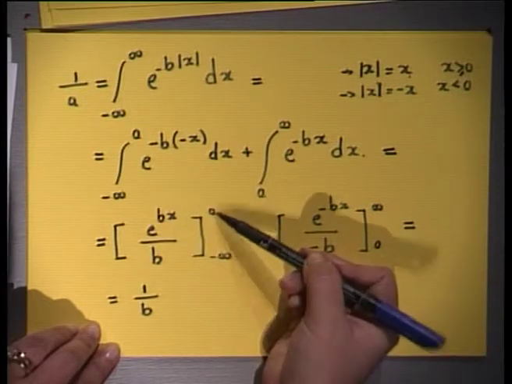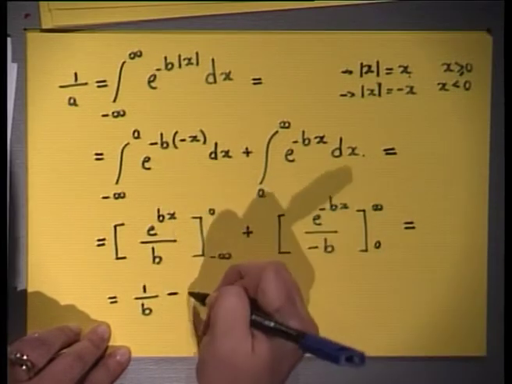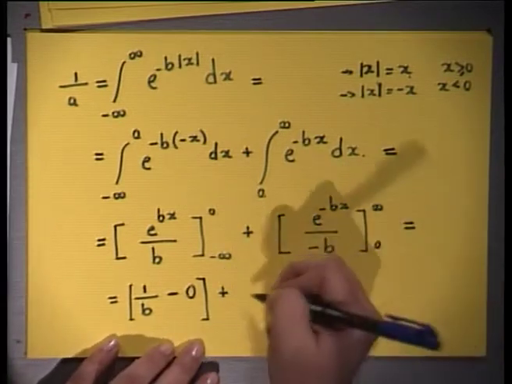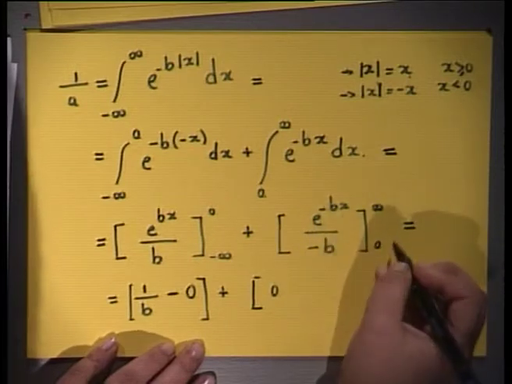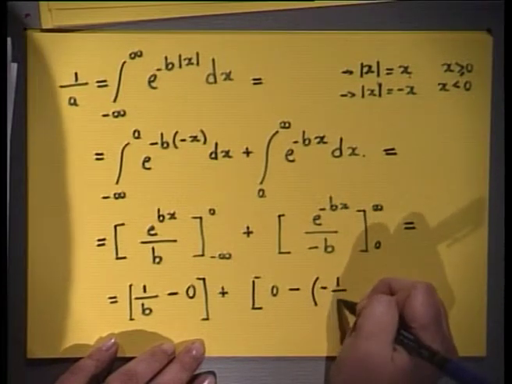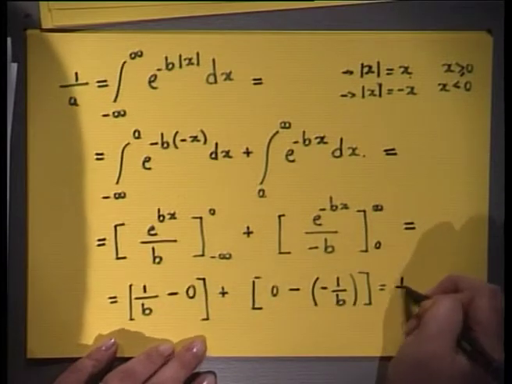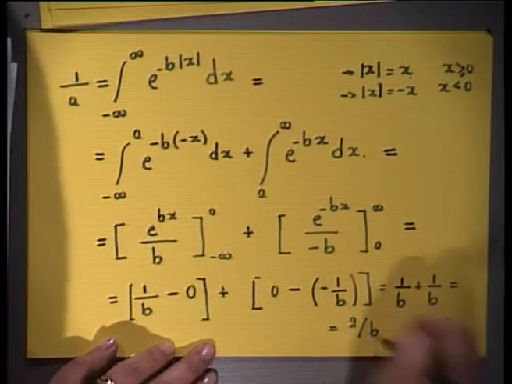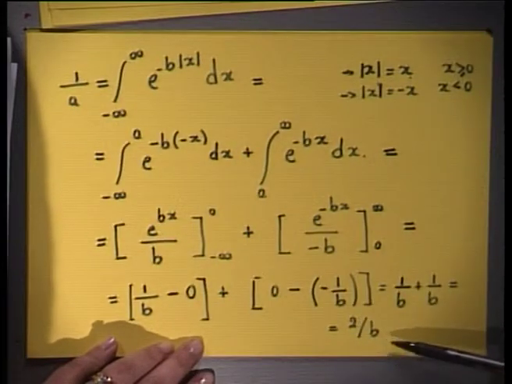If we put where x is 0, we find 1 over b, minus where x is minus infinity, this will be 0, plus, again, if we put infinity, this will be 0, minus, we put 0 there, minus 1 over b. We can calculate this is 1 over b plus 1 over b. We have this is equal to 2 over b. So what we have is that 1 over a should be equal to 2 over b.